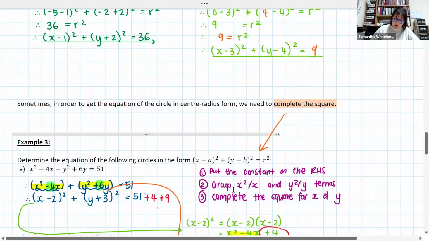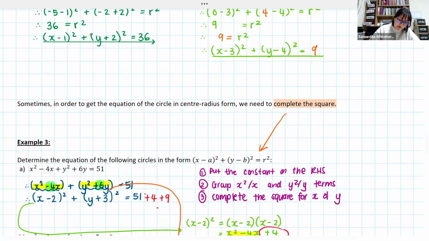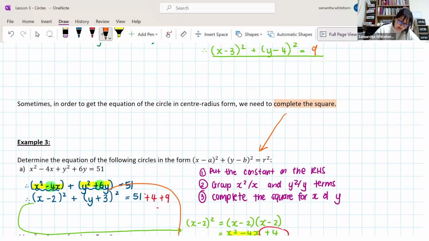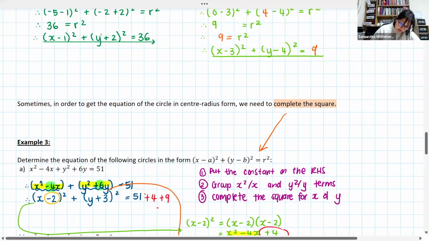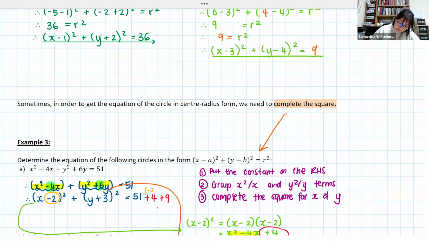And if you think about where this plus 4 and plus 9 has come from, what you are doing is you're taking this value in your bracket and you're squaring it. So 4 has come from -2 squared. 9 has come from 3 squared. That's where the whole minus b over 2 squared thing happens. You've added something on the right, you have to do the same thing on the left.